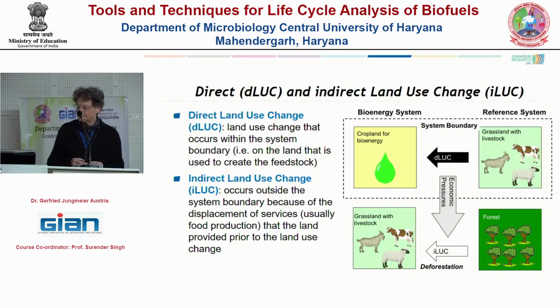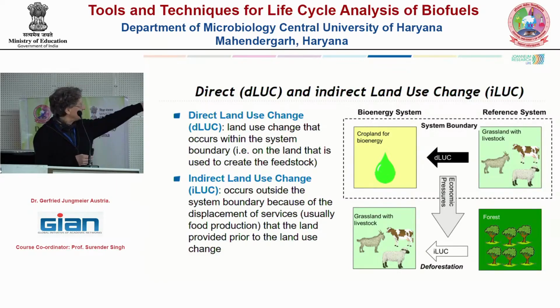The idea is in your LCA, you maybe start converting a grassland where you have animals in the beginning, you convert that to cropland because you want to produce raw material for bioethanol or for biodiesel. And by doing so, really a direct land use change is happening because before you had grassland and now you have agricultural land. And normally in grassland, you have more carbon stored than in agricultural land.